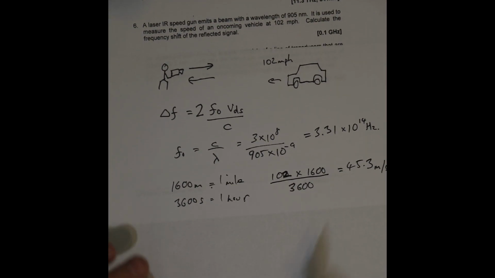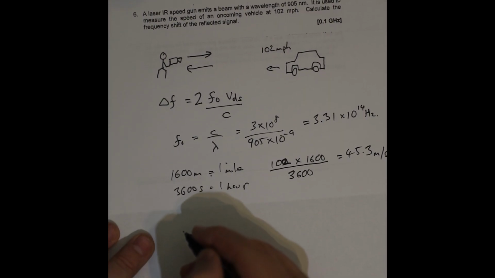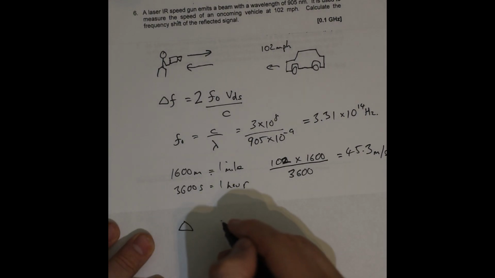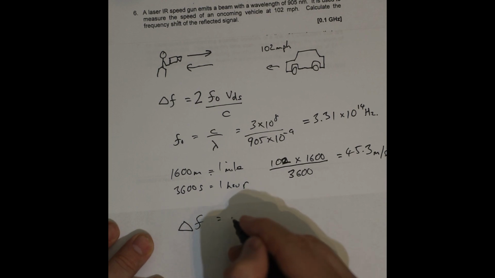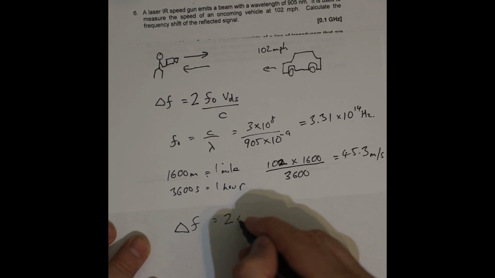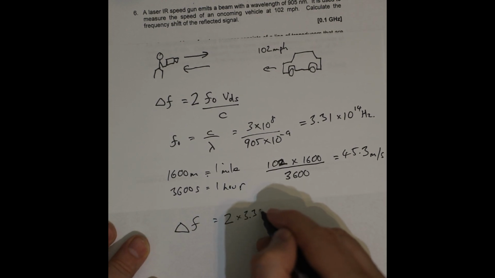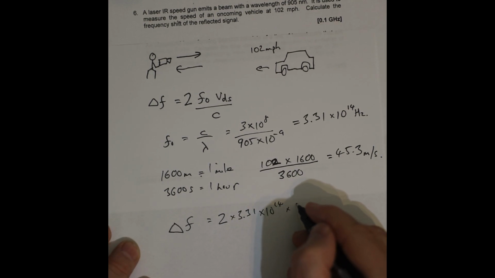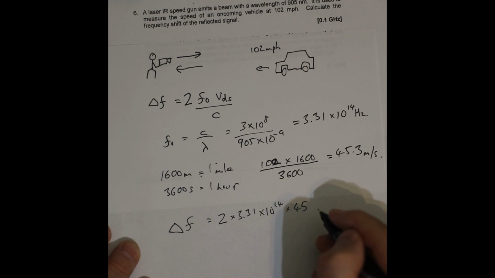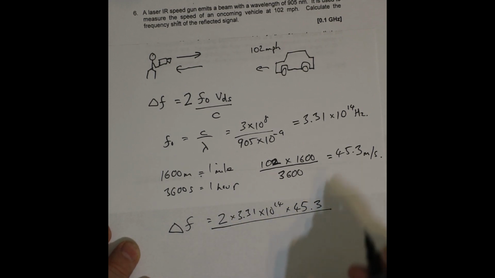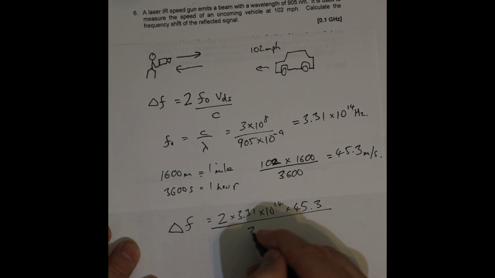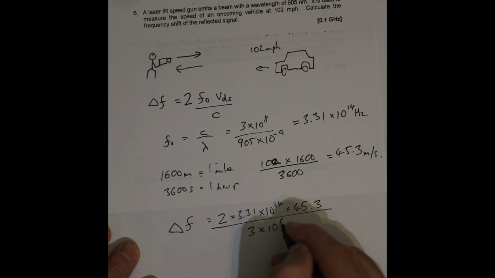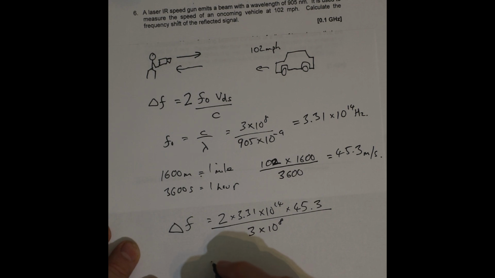Right, okay, so now we can put those into our equation. So our frequency shift, delta F, is equal to 2 times 3.31 times 10 to the 14 multiplied by 45.3 divided by the speed of light, which is 3 times 10 to the 8 meters per second.